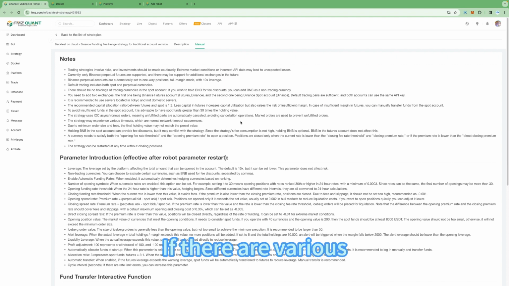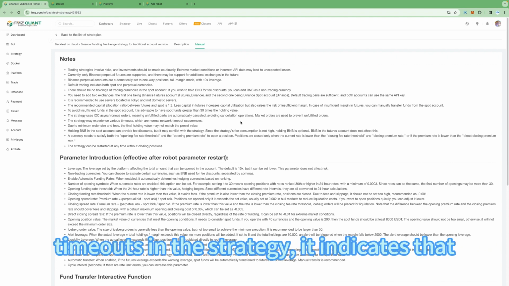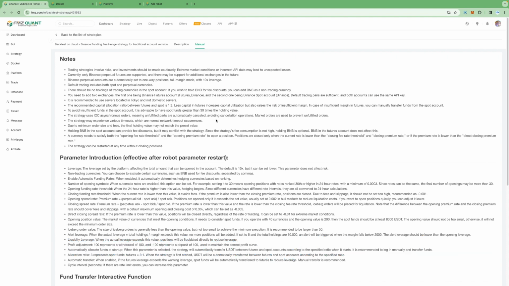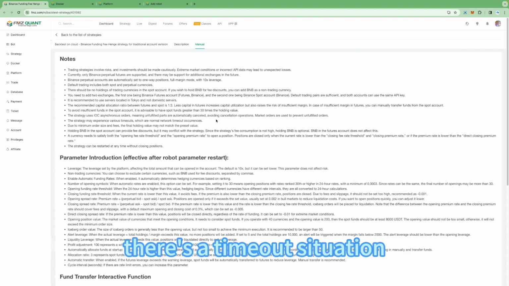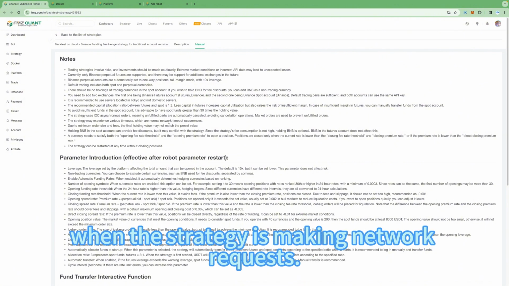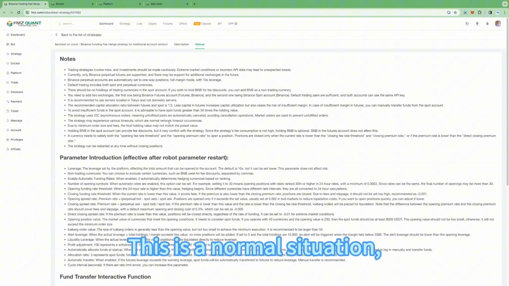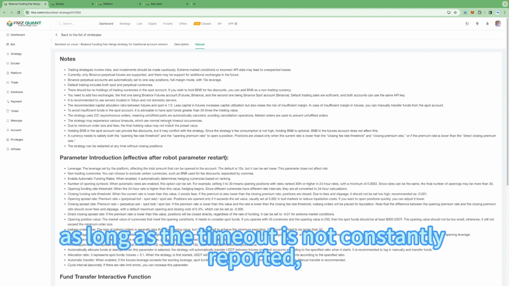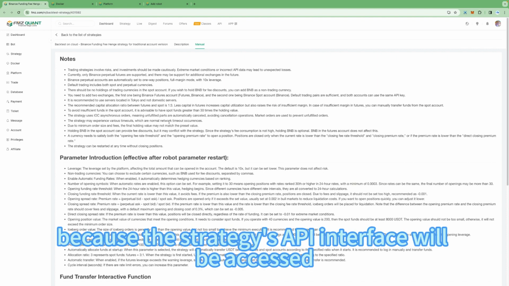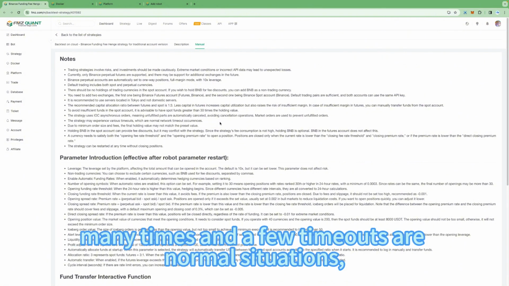If there are various timeouts in the strategy, it indicates that there is a timeout situation when the strategy is making network requests. This is a normal situation as long as the timeout is not constantly reported, because the strategy's API interface will be accessed many times, and a few timeouts are normal.